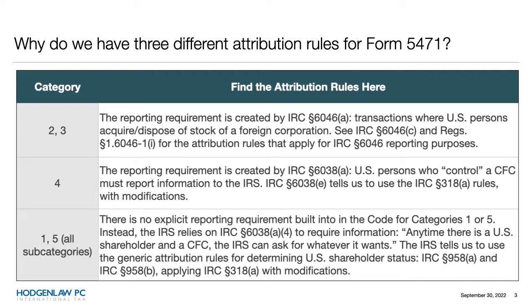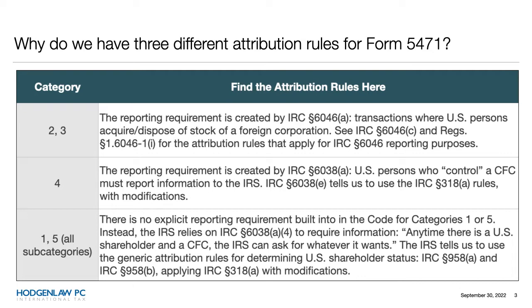And in the go for it category, we now have to look at Section 958A and 958B, which tell us about indirect and constructive shareholders. And again, there's some modifications to Section 318A in Section 958 that will apply for categories 1 and 5.